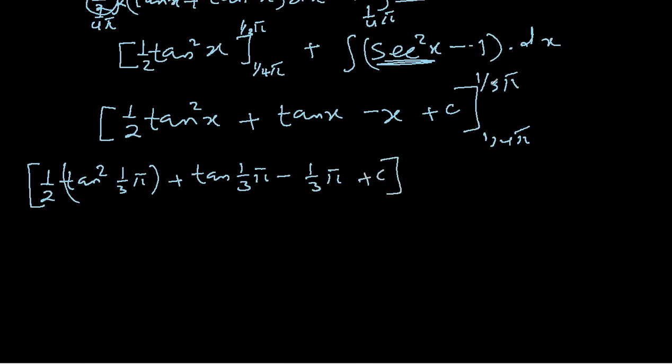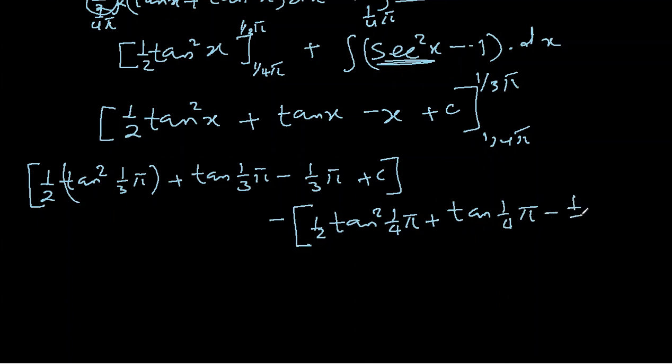This is when I substitute 1 over 3 pi. Let's do the same with half tan square 1 over 4 pi plus tan 1 over 4 pi minus 1 over 4 pi plus c. First thing we should do, cancel out c, and now we'll evaluate.